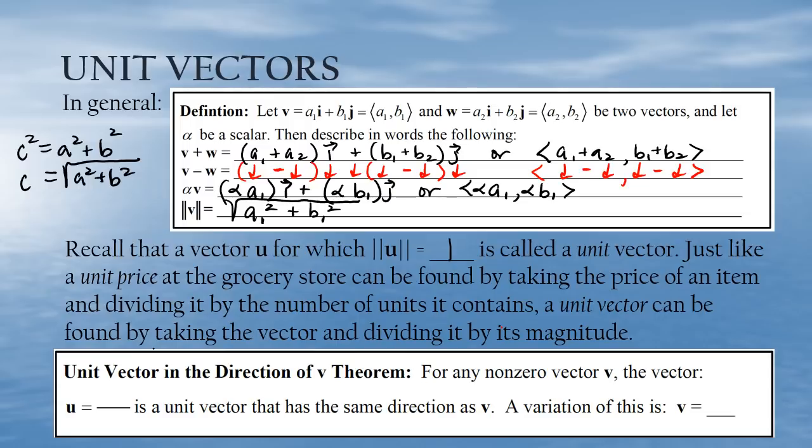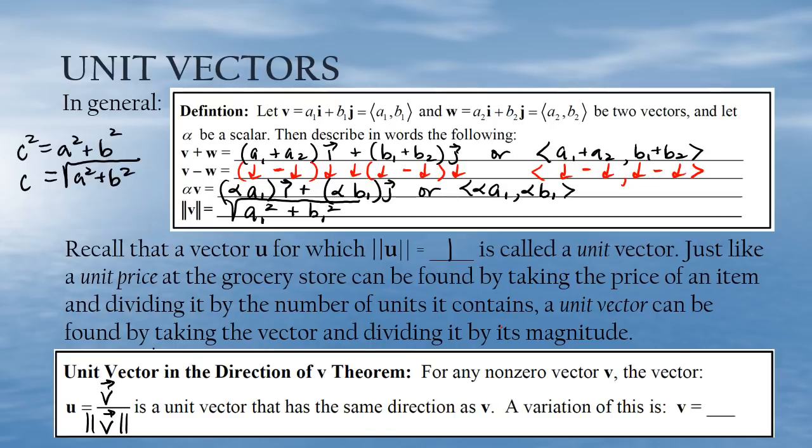So here's the formal definition. Unit vector in the direction of vector v theorem. For any non-zero vector v, the vector u is equal to vector v divided by the magnitude of that vector. And that's what a unit vector would look like. Now this unit vector is going to have the same direction as vector v.